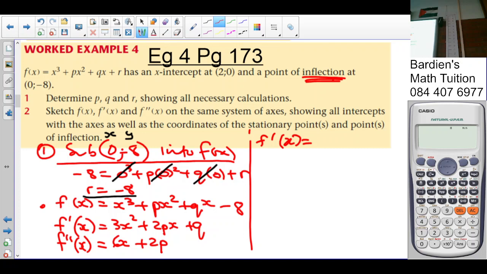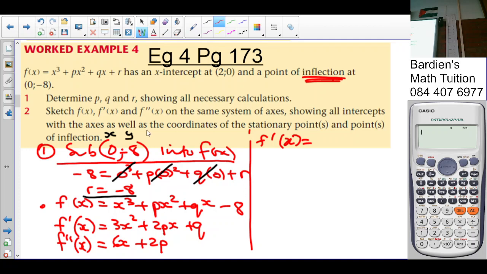So how do you work out the point of inflection? Work out the second derivative and you set it equal to 0. By doing that, we calculate the x value at which the point of inflection occurs. Here we are given the coordinate of the point of inflection, so the point of inflection occurs at an x value of 0.